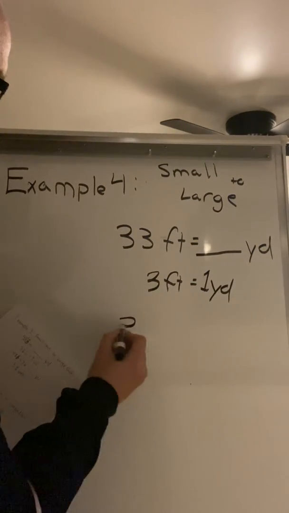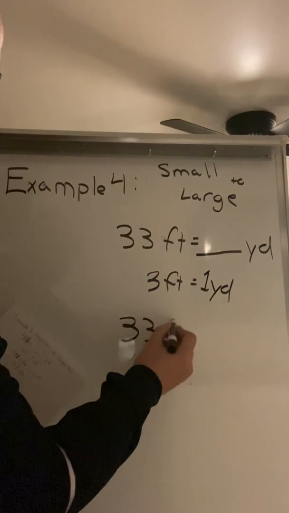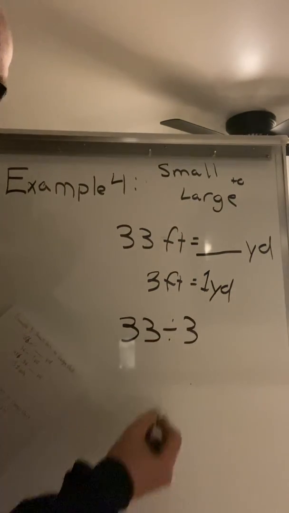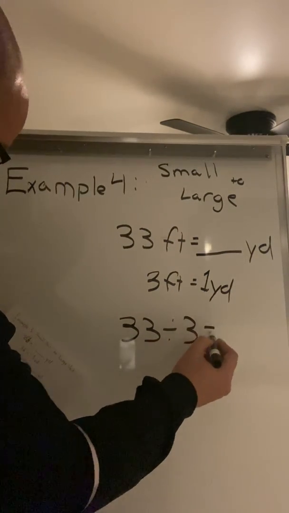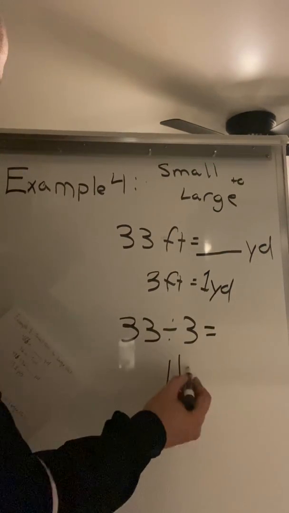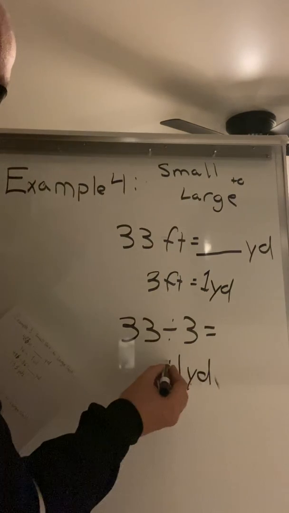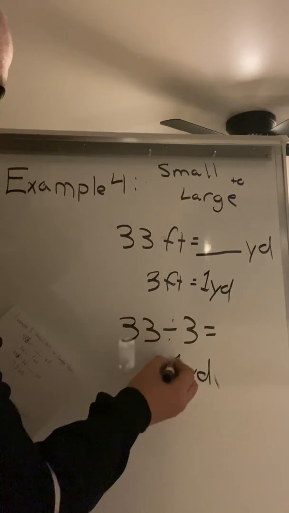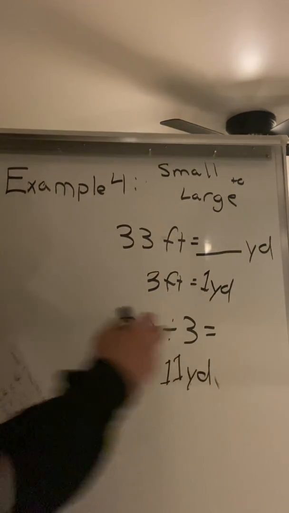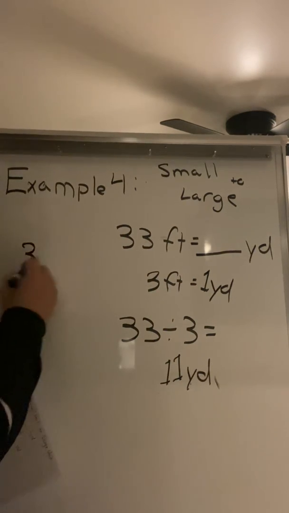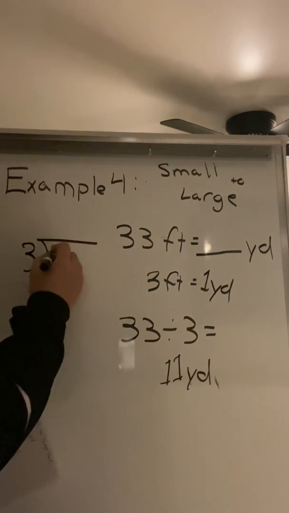So I would have 33 divided by 3, and this equals 11 yards. Okay? So 11 yards would be your answer. And this problem here would be set up 3 into 33.